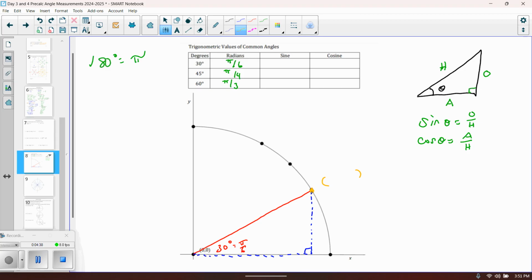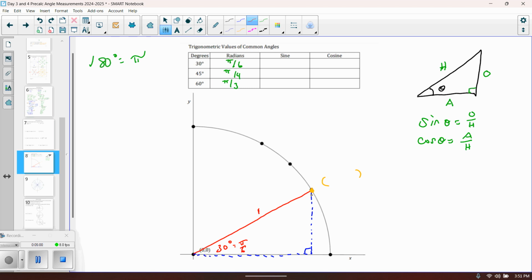Again, this all comes from special right triangles. Ultimately, this is a 30, 60, 90 right triangle. And the length of the red piece is 1, because this is a unit circle, where the radius between the center of the circle and any point on the outside of the circle is 1.